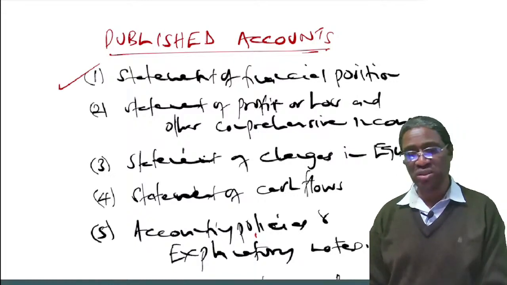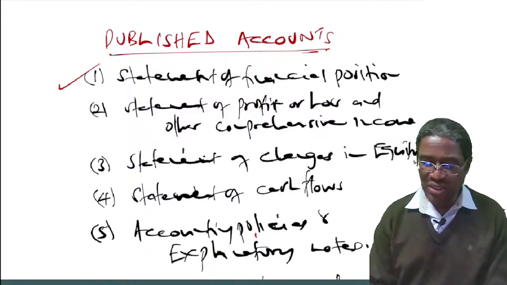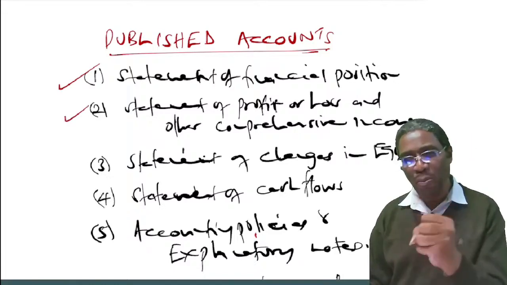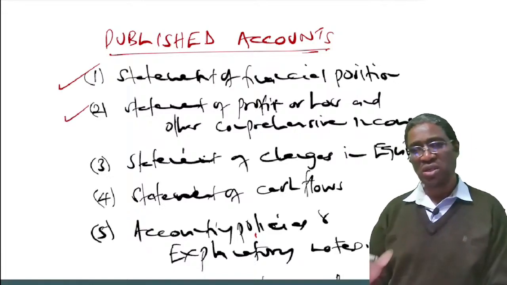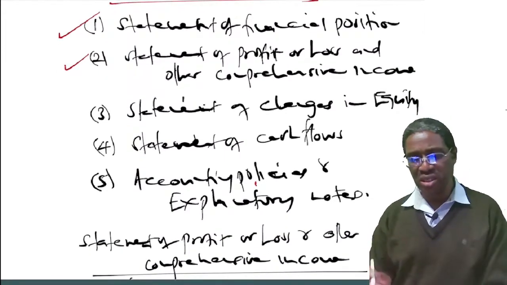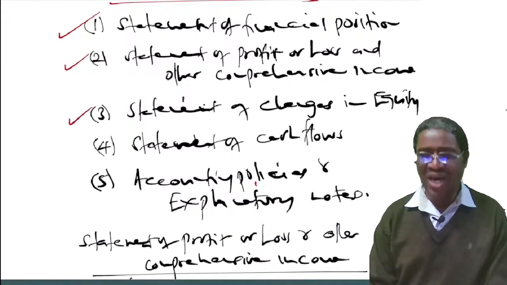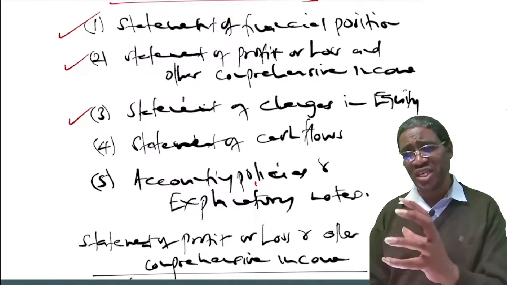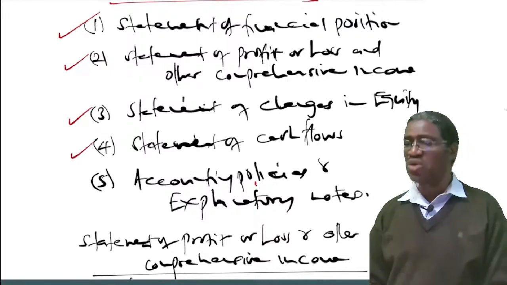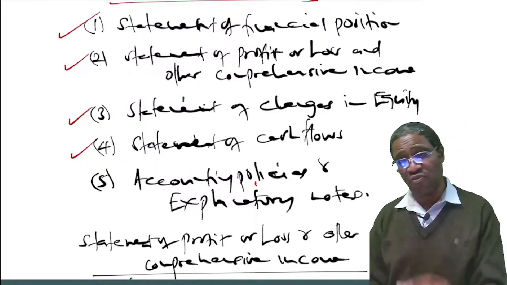Number 2, we said a statement of profit or loss and other comprehensive income, which we discussed. We shall review that. Number 3, you are supposed to include a statement of changes in equity. Number 4, a statement of cash flows.